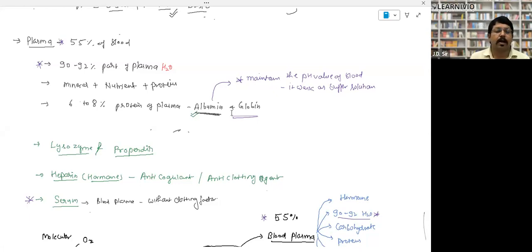Next point. Albumin works as a buffer solution.